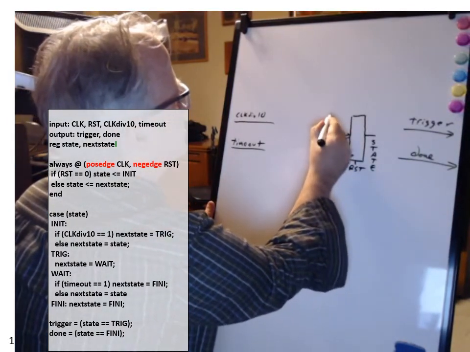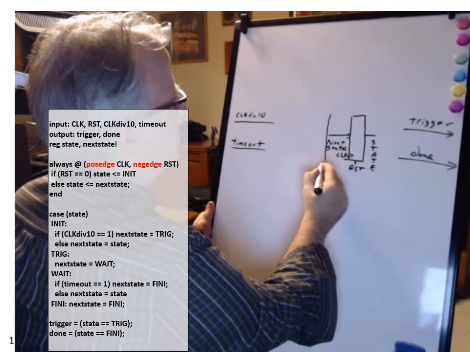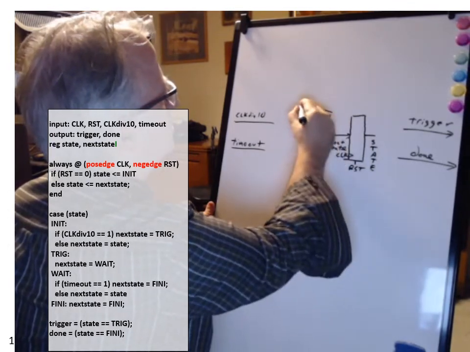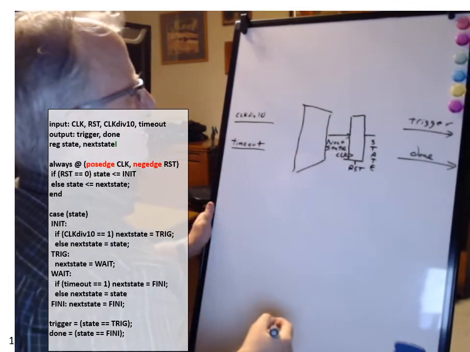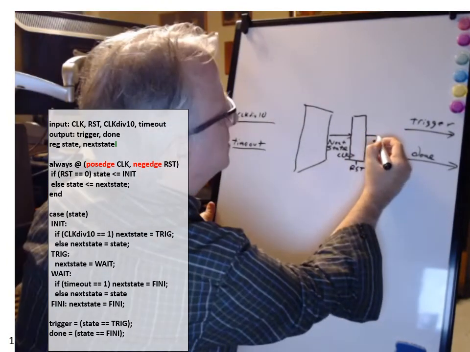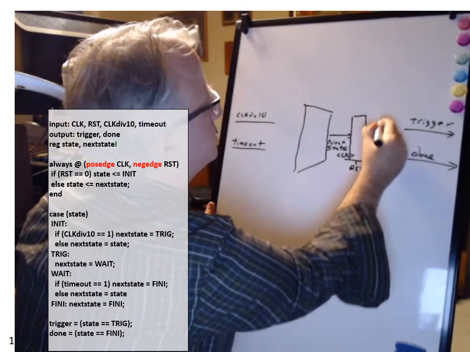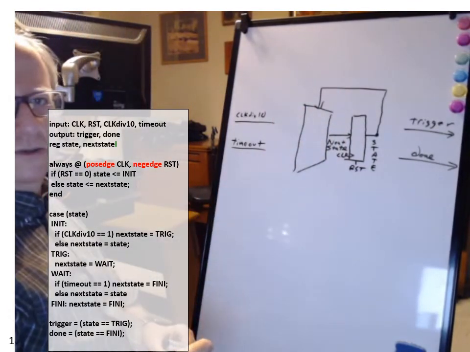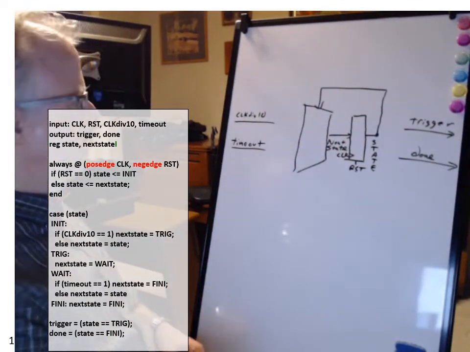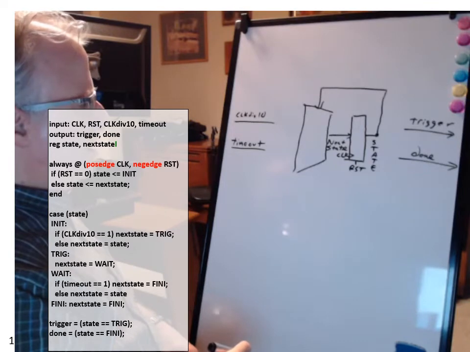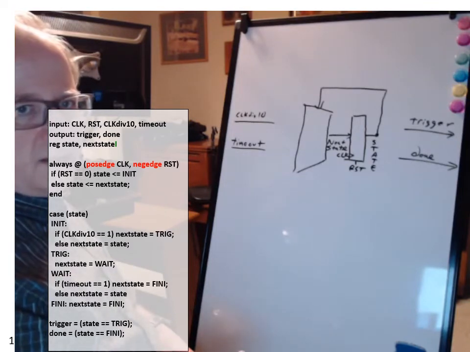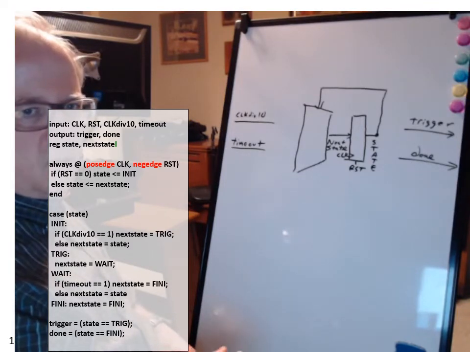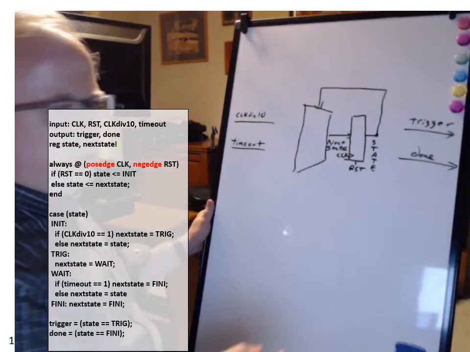So I'm going to draw a mux, and state is going to be the selector for that mux. And let's see, the possible inputs correspond to 4 states.